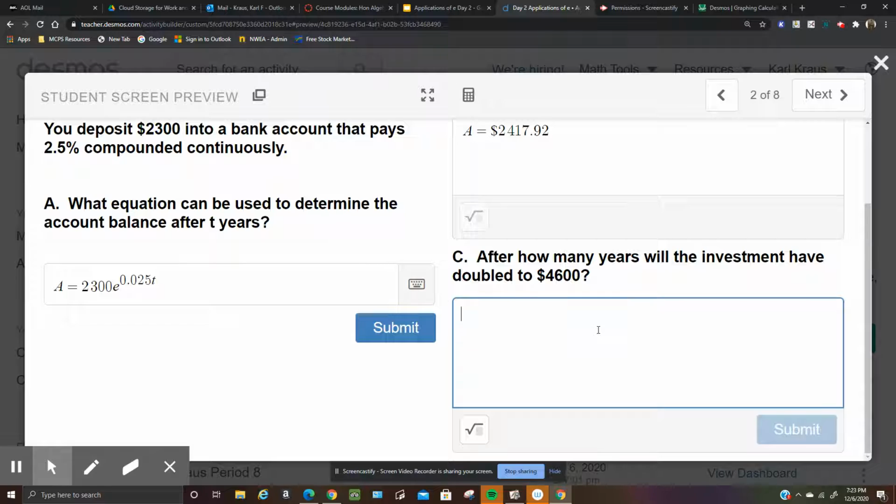So 4,600 equals 2,300 e exponent 0.025t, and then you have 2 when you divide by 2,300: 2 equals e exponent 0.025t.